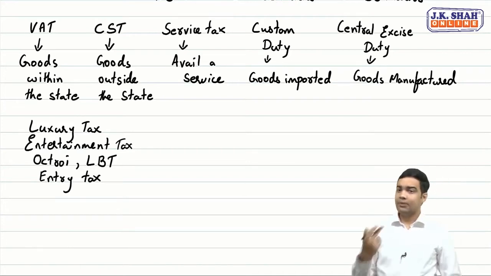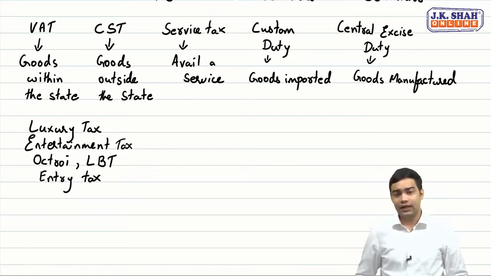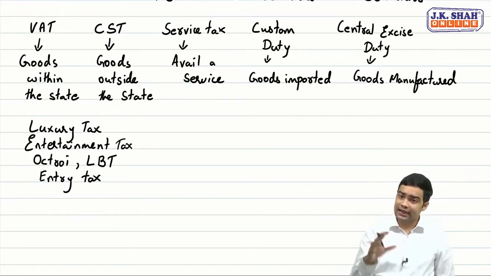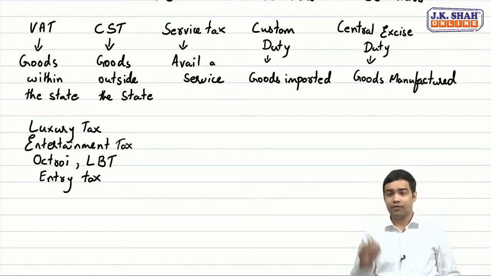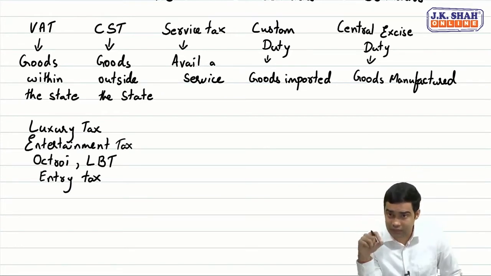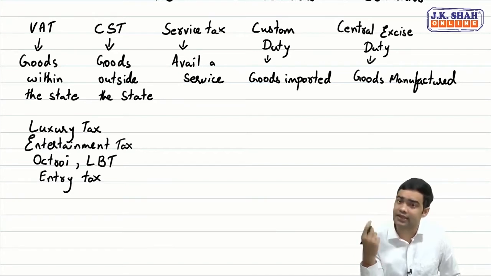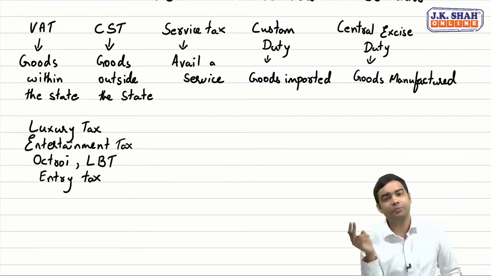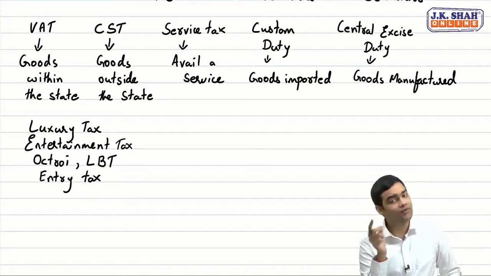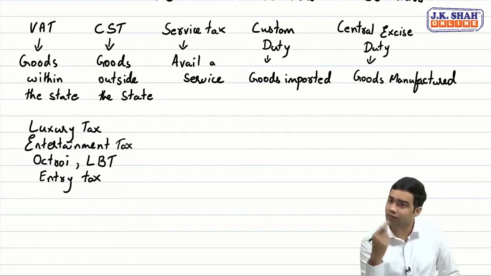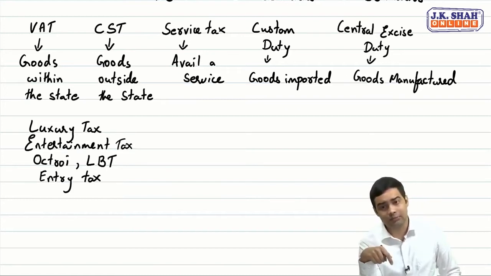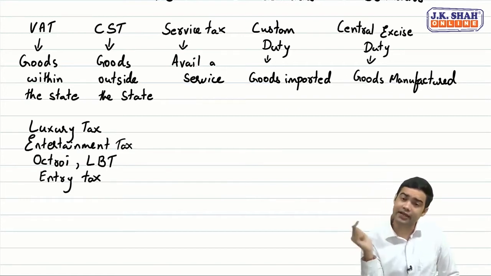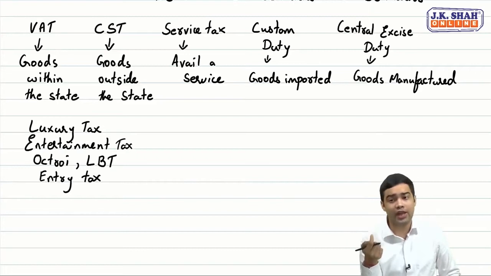So there were multiple taxes which were levied on the same goods. Like when a particular product was manufactured, central excise duty was levied. When that product was sold, if it was sold within the state, VAT was applicable. If it was sold outside the state, CST was applicable. When that product entered Mumbai, there was octroi applicable.